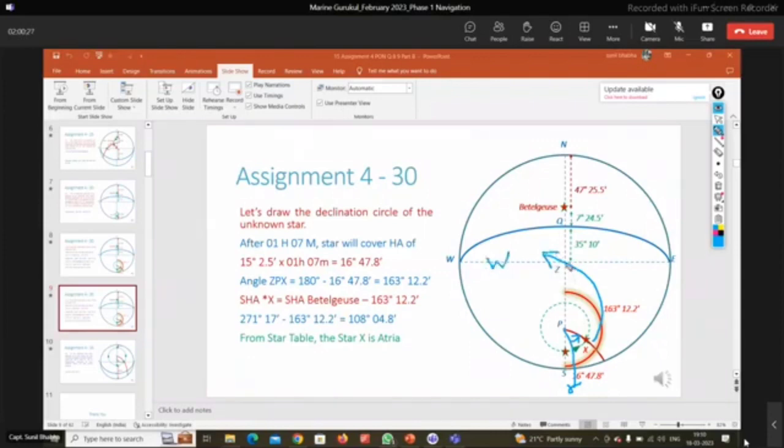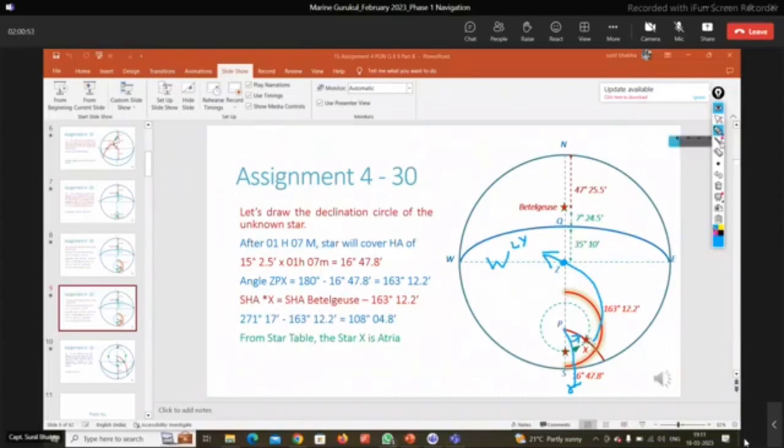Always see the direction when it is crossing your meridian. When you look at Earth from the South Pole, the westerly direction is anti-clockwise. When you look from the top of the North Pole, the westerly direction is clockwise. So this blue angle which you see is the SHA of the unknown star.